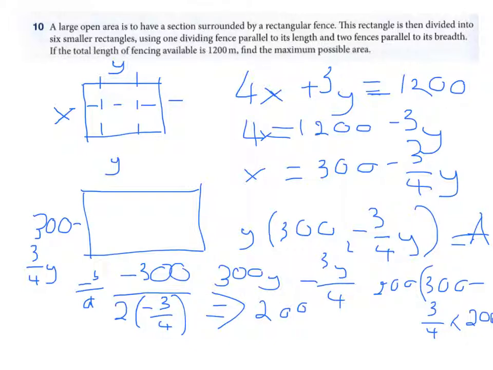A quarter of 200 is 50. 3 times 50 is 150. So 200 times 150 is 30,000 meters squared. Not forgetting the meter squared, because of course this is area.